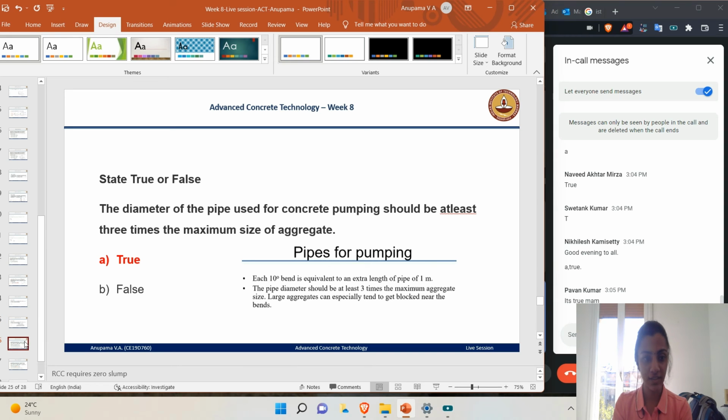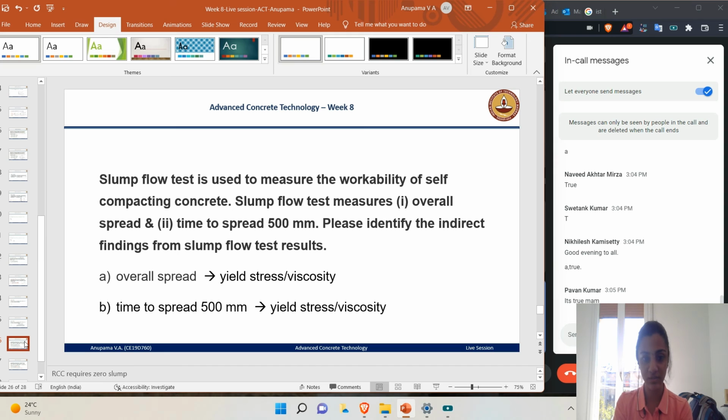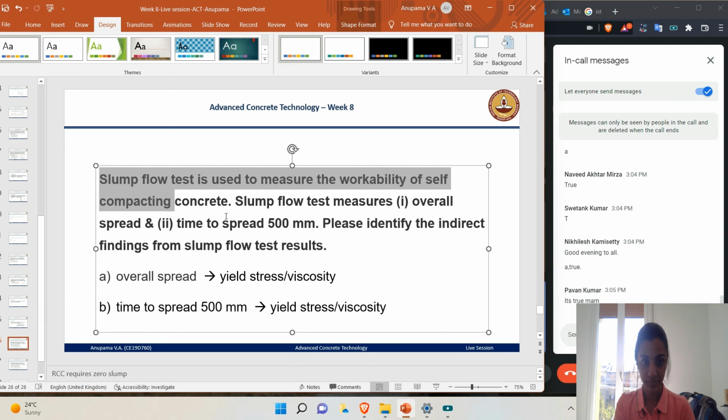So let's move to the next question. I think this is the last question for today. The slump flow test is used to measure the workability of self-compacting concrete. Now, slump flow test measures overall spread and time to spread 500 mm. Please identify the indirect findings from the slump flow test results.